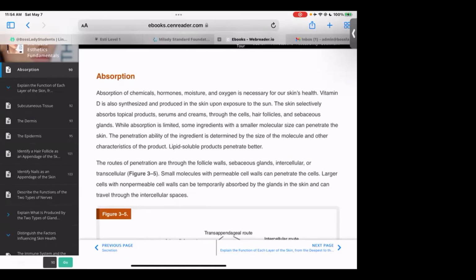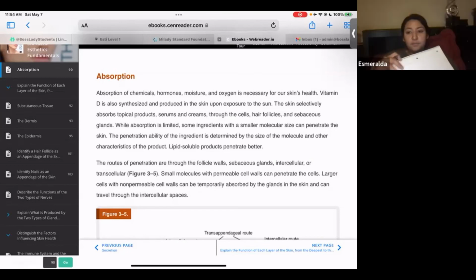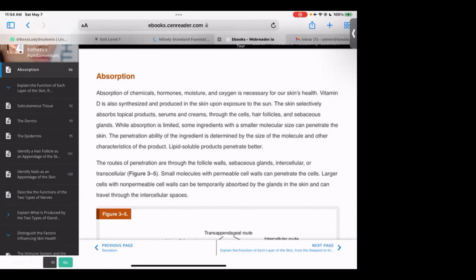So with that in mind, does it make sense why you would apply a serum, which has a much smaller molecule size, before applying a moisturizer? Does that make sense to both of you? Yes. Perfect. So how likely is it for a serum to penetrate over a moisturizer?